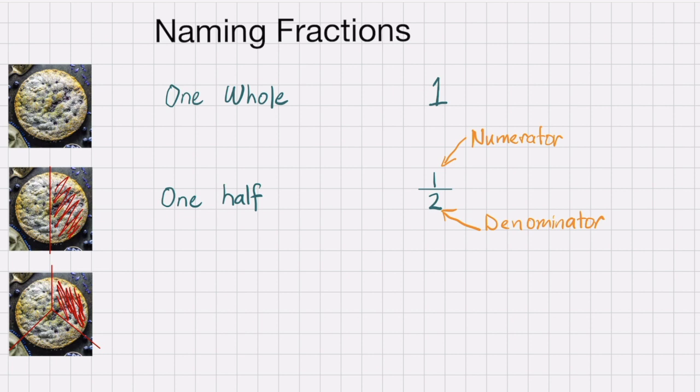Now the part I've coloured is called 1/3, and I can write it as 1/3 in words. And when I want to write it as a fraction notation, I write it like this: 1 and a 3. Once again, this 3 on the bottom tells us how many parts the whole has been cut into. So we've got 3 equal parts, and one of them has been coloured. So that one is coloured, and that's 1/3.